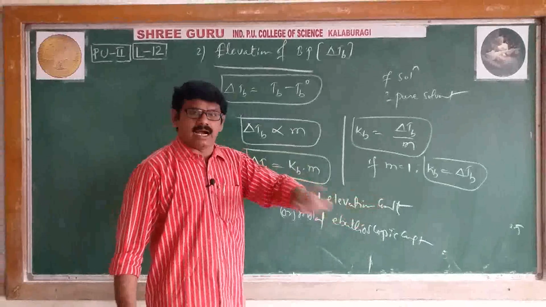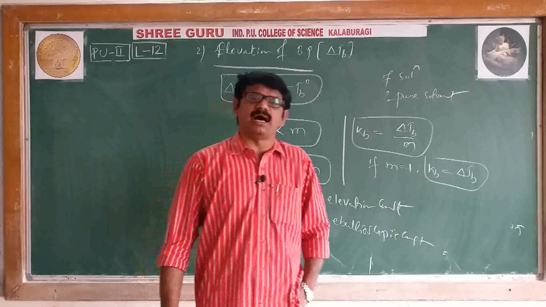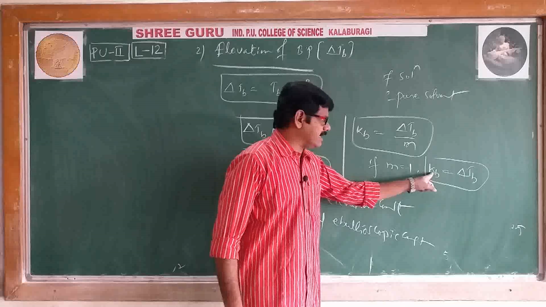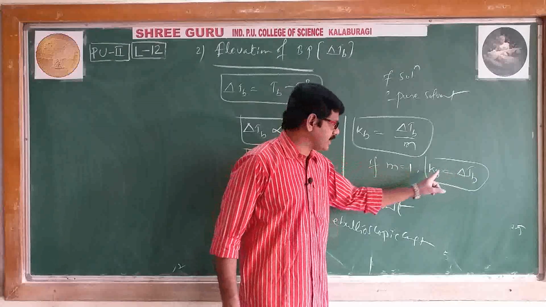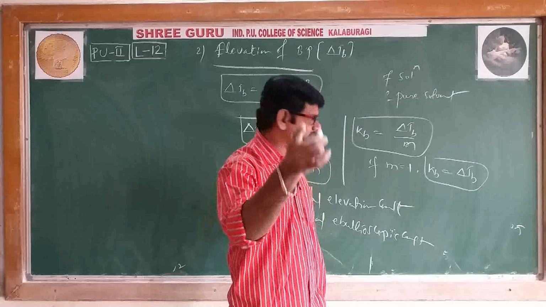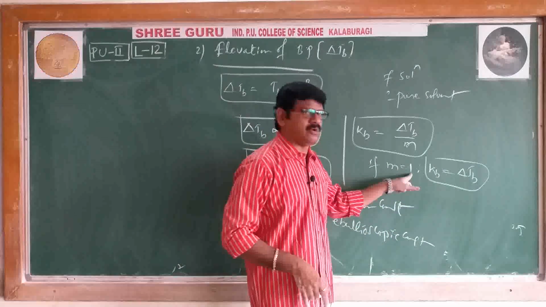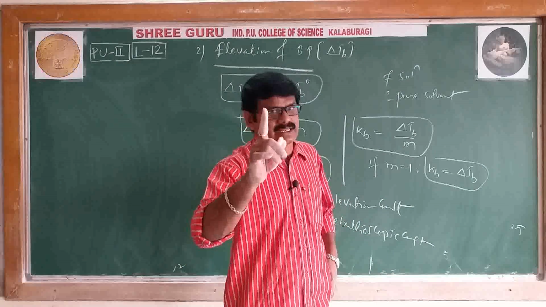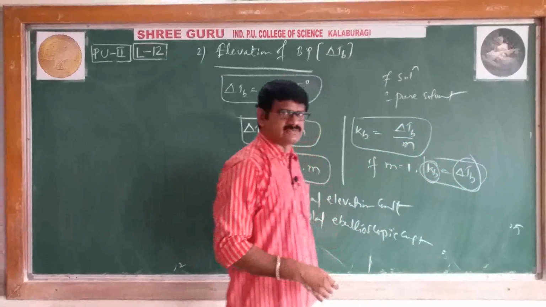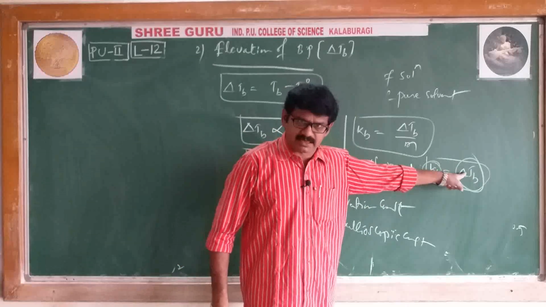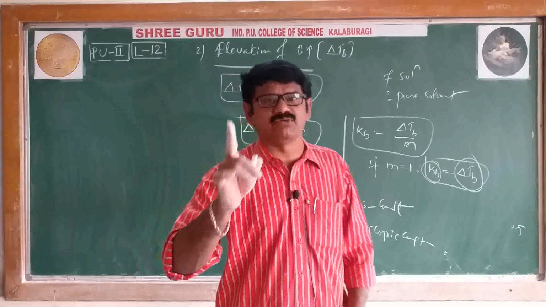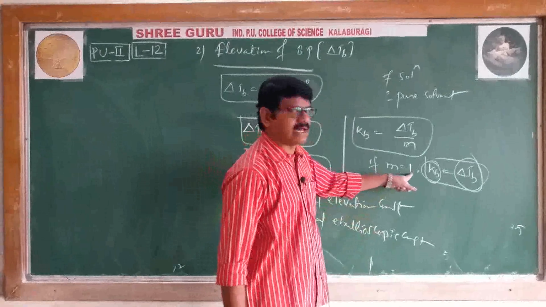Based on this, the molal elevation constant is also the elevation in boiling point, when 1 mole of solute is present in 1 kg of solvent. Once again, KB is also an elevation in boiling point, when 1 mole of solute is present in 1 kg of solvent.